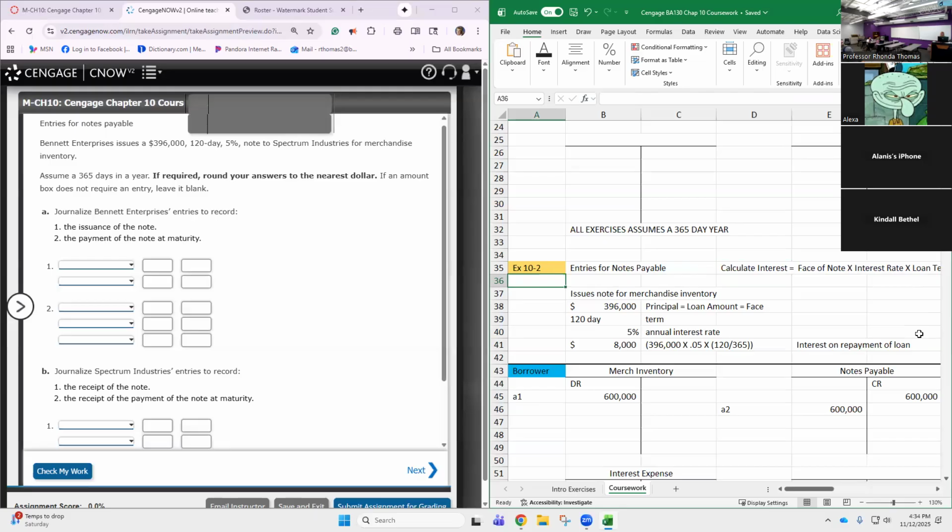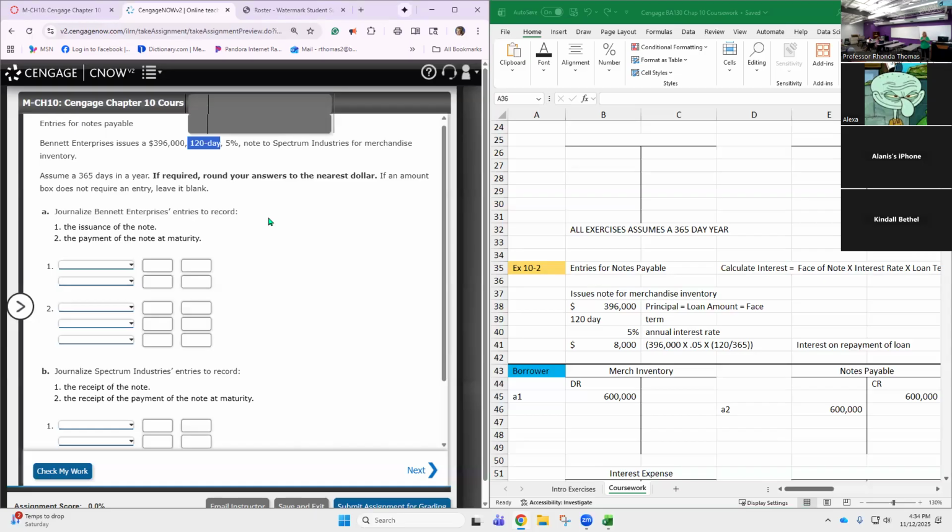But since it's a 120-day note, always keep your time in the increment of time that the problem gives you. Don't ever convert those days into months or years. Keep it in days.